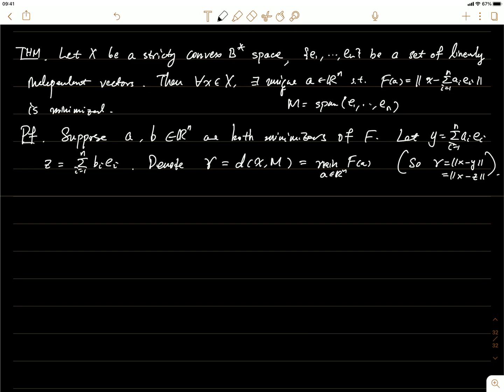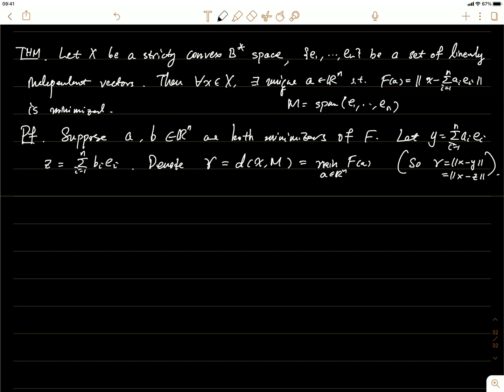Now from here, I know that y and z have the same distance to x. But how about the convex combination of y and z?